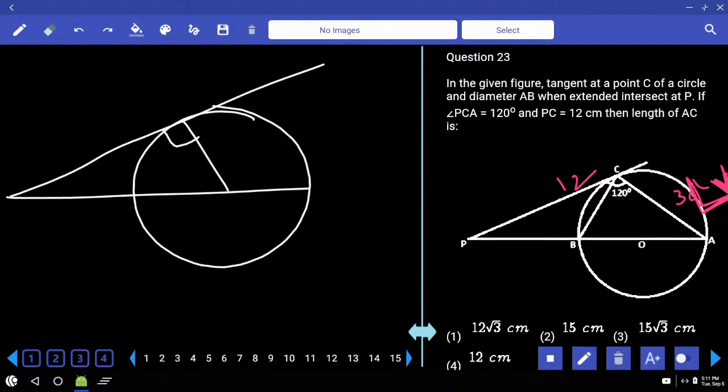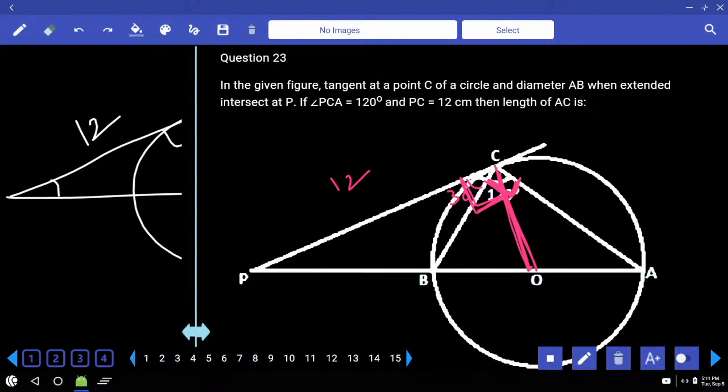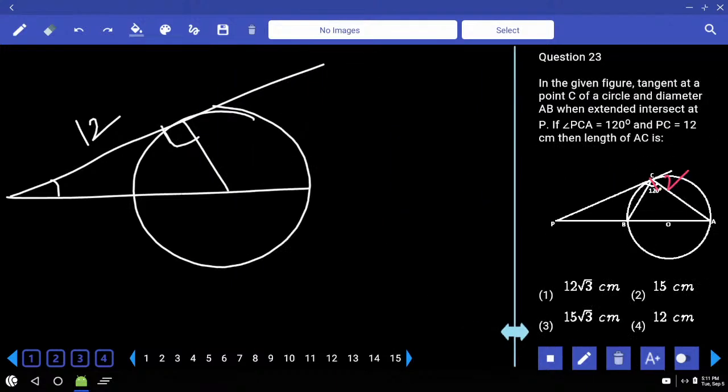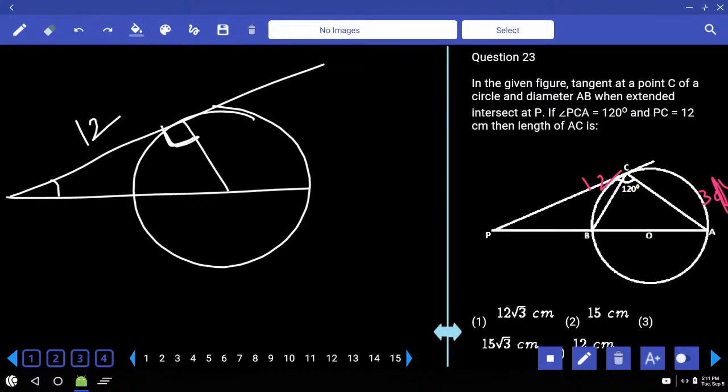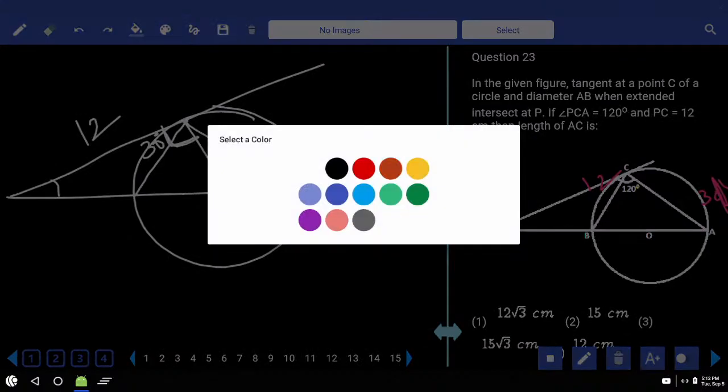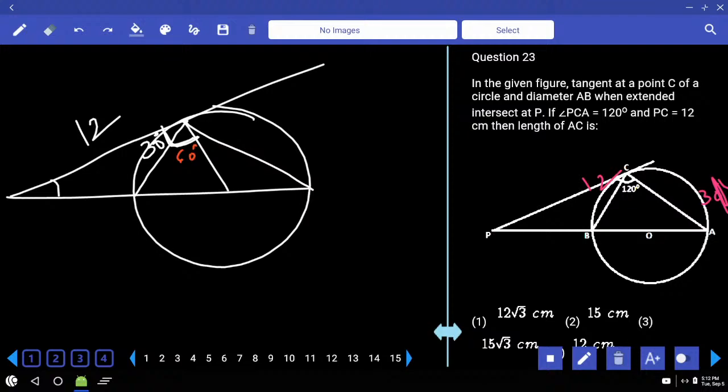So here it is 12. You know one thing, as this is 90, and one more thing, if you join these two, we know that this is 30. Understood or not? This must be 60. These two are radii. This should also be 60. This should also be 60.